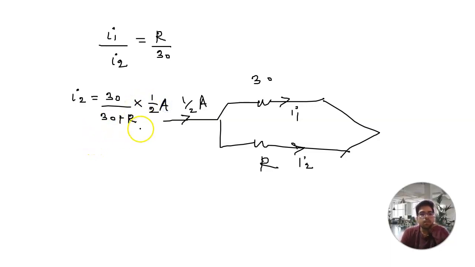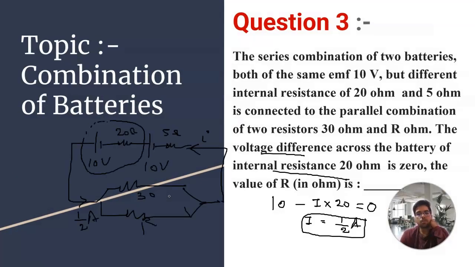Now I just want to know the value of I1. If you know I1, you can easily tell me I2. So we will apply Kirchhoff's voltage law in this loop.